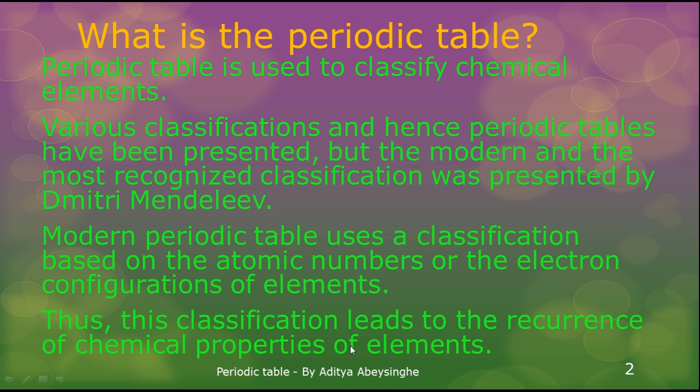Various scientists presented various periodic tables, and their bases depended on various factors. However, the modern periodic table, which was presented by Dmitry Mendeleev and modified by various scientists, uses a basis of atomic numbers or electronic configurations.